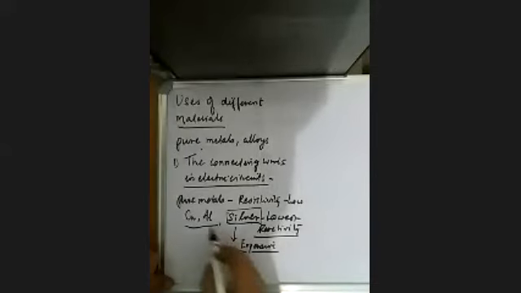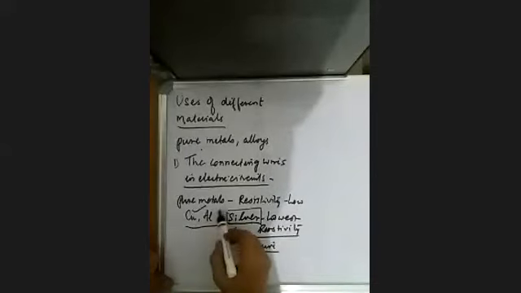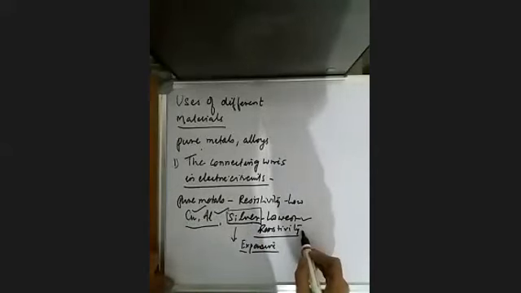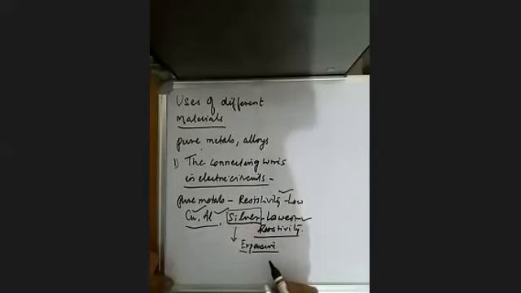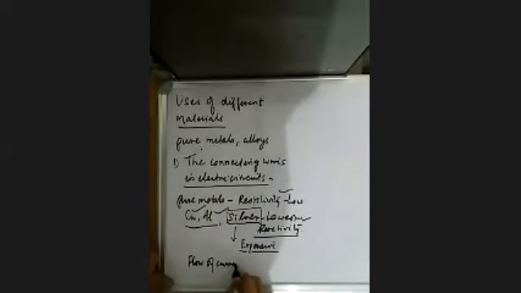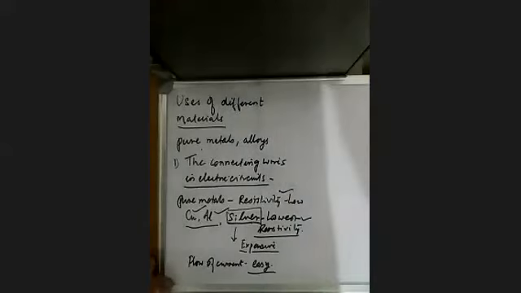But we use copper and aluminium as connecting wires because their resistivity is quite low. And resistivity low means what? The current will be able to flow very easily. इसमें जो करंट होता है वो बड़ी आसानी से फ्लो कर सकता है.